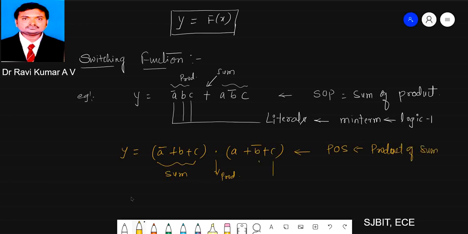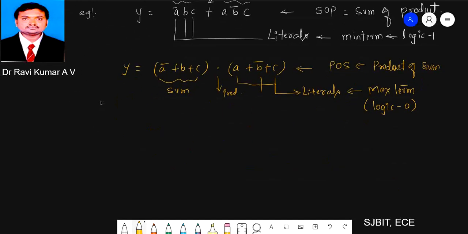Here all these literals are called max terms, and a max term represents logic 0.